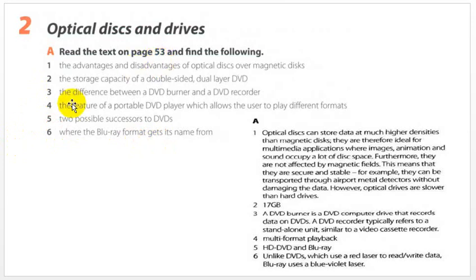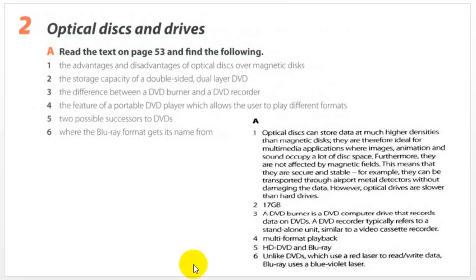The advantage and disadvantage of optical disc over magnetic disc. Optical discs can store data at much higher densities. Multimedia applications where images, animation, and sound occupy a lot of disk.